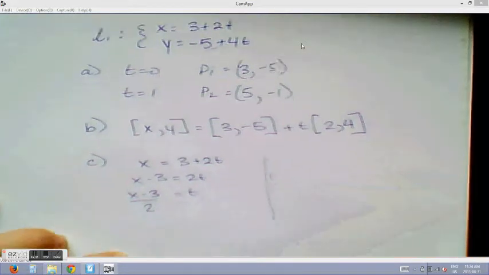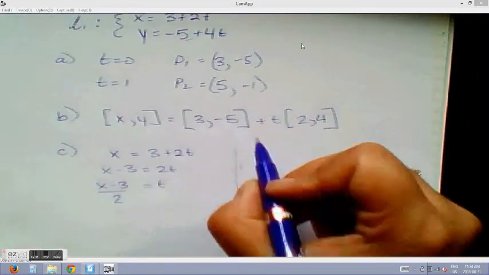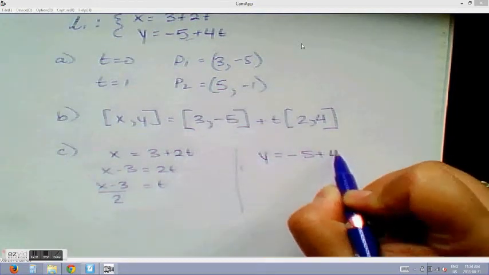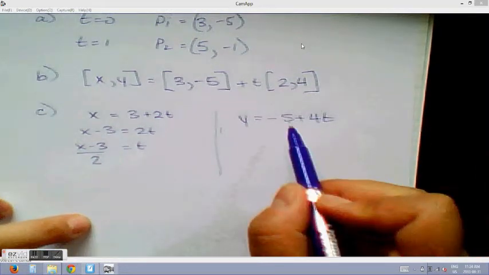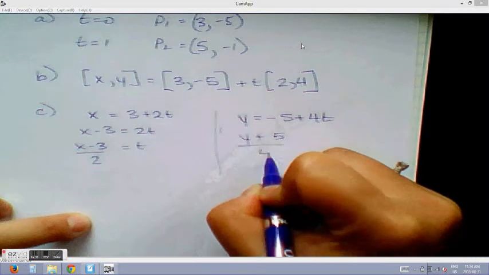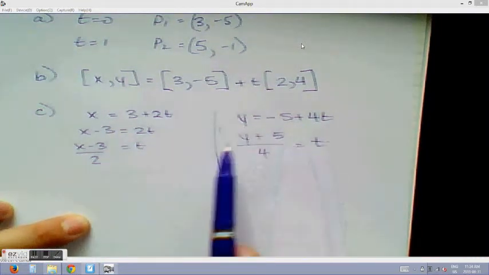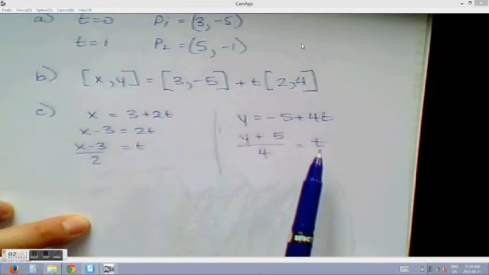The second part, y is equal to negative 5 plus 4t. Now moving everything, y plus 5 divided by 4 is equal to t. Setting these equations equal to each other in order to eliminate t.